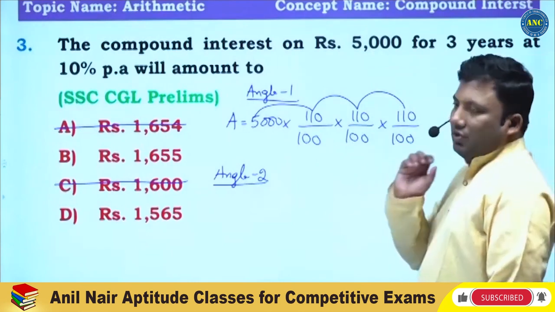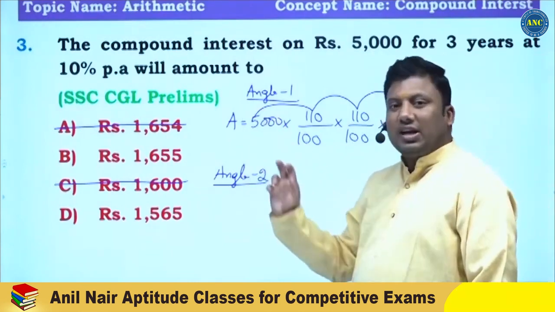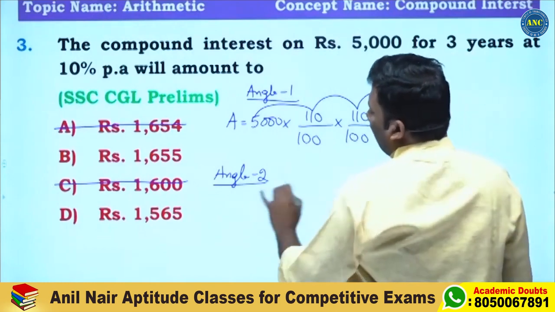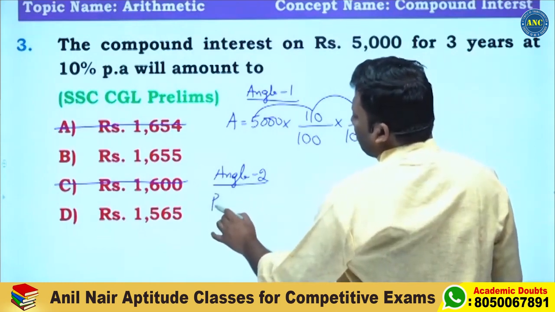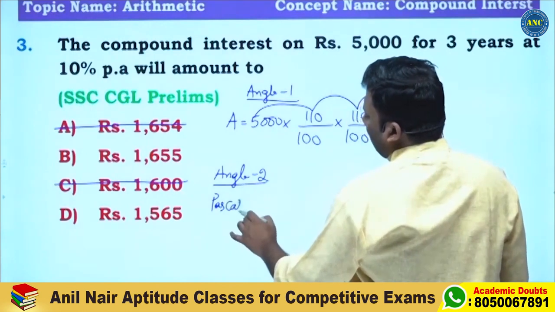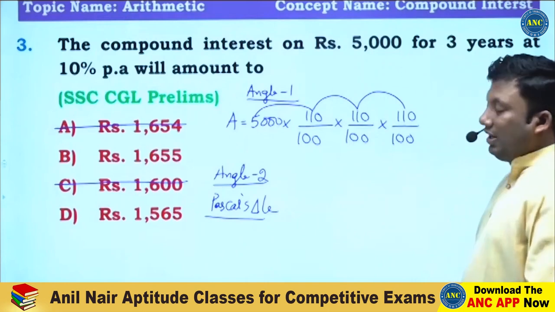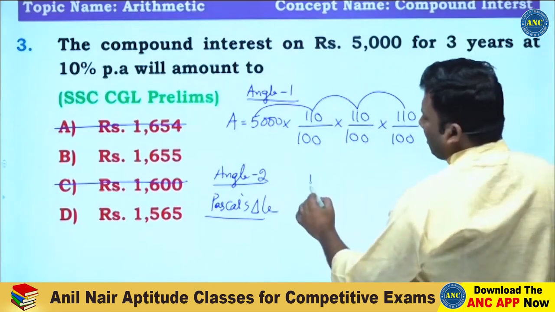Angle 2. Now if you see here, are these exact answer options or a digital sum answer? One way to look at it is by using Pascal's triangle, which I discussed in the compound interest introductory session. What is Pascal's triangle?